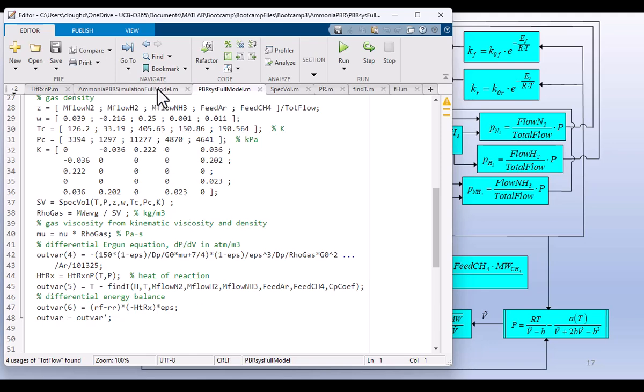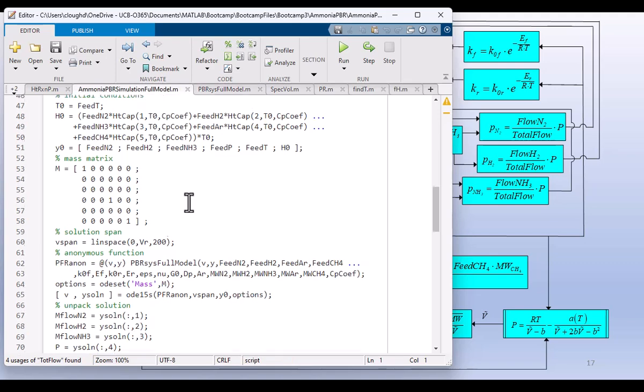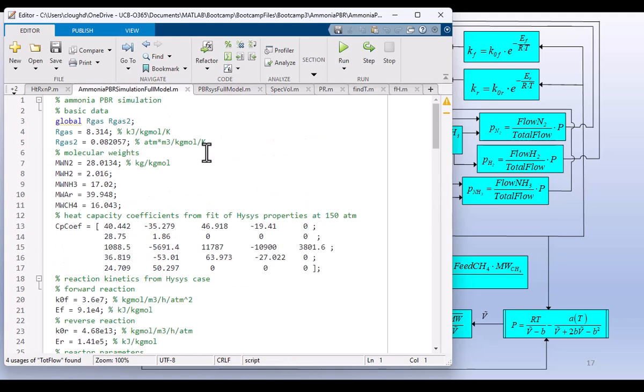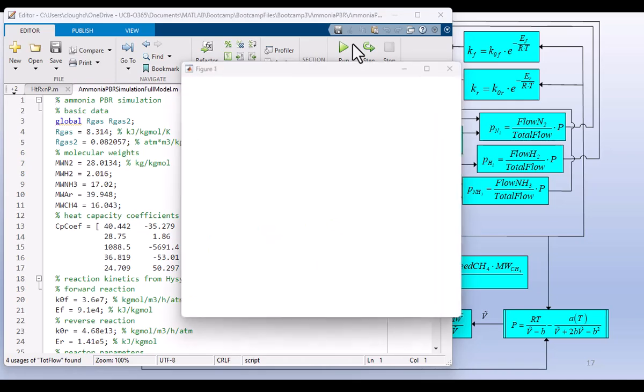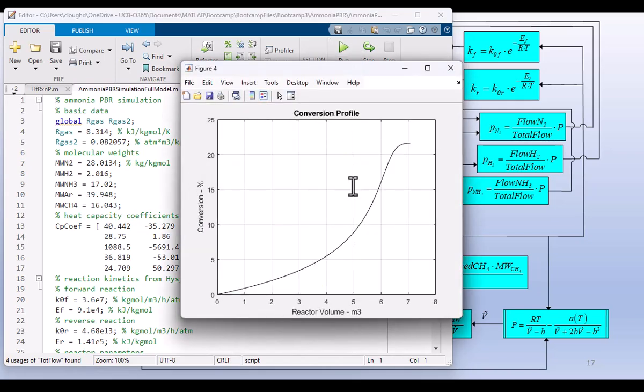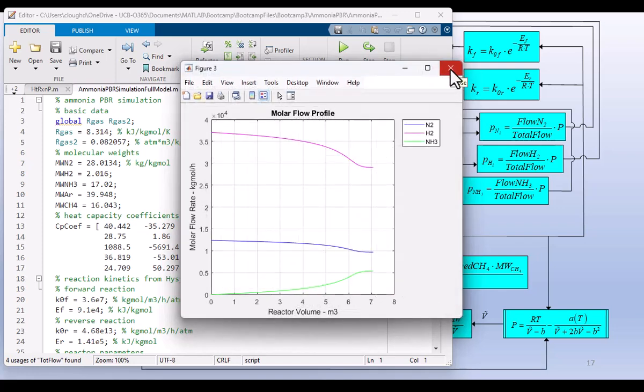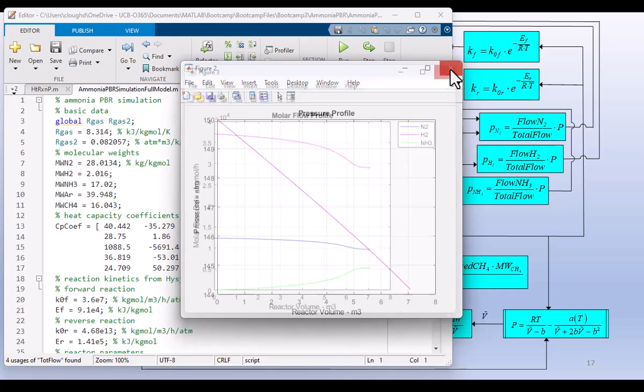We come back to our full model here, and we are able, I believe, to run the full model. And it gives us our conversion profile, just as we saw before. And then very similar looking molar flow profiles.